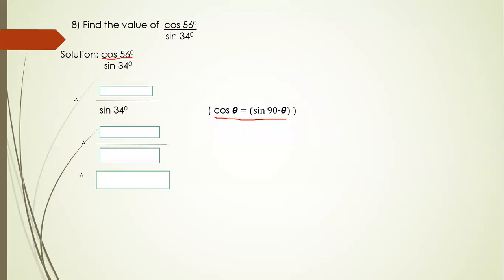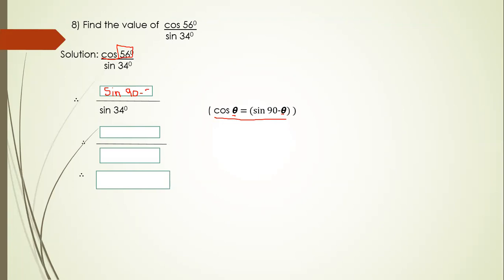So in place of cos 56 degree, we will write first sine. Okay, so I'm just writing here sine. Then we have 90. So here I will copy 90 minus theta. Theta means this. So here it is given to us as 56 degree.